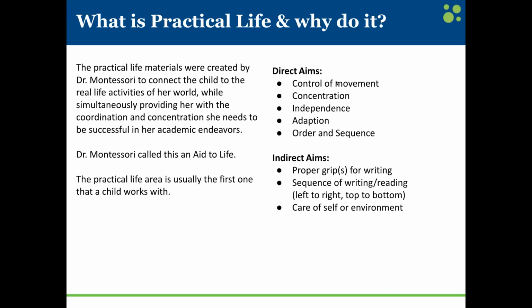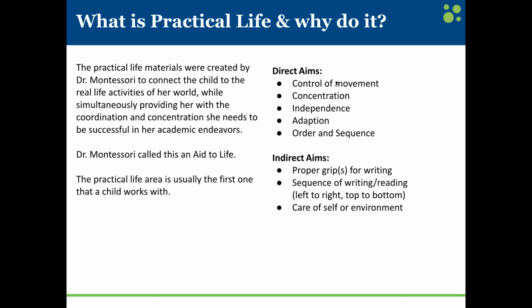And then we also have some more indirect preparations if you're thinking about getting them ready for future writing works. And in the United States, we read left to right, top to bottom. And like I said, we focus a lot on care of self and care of environment. So these skills really become foundations for their future learning.